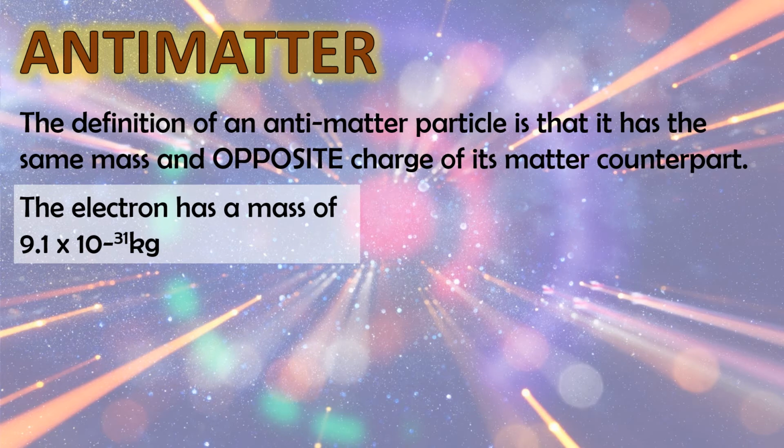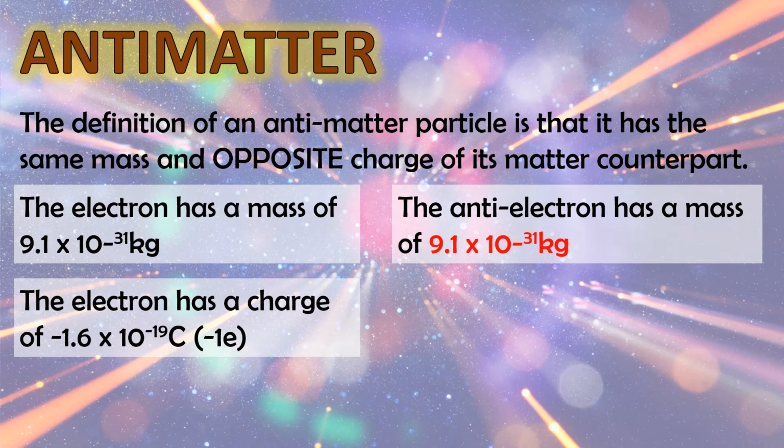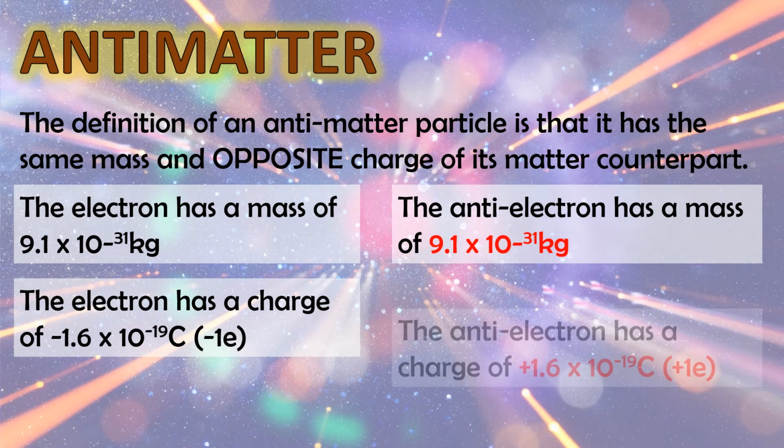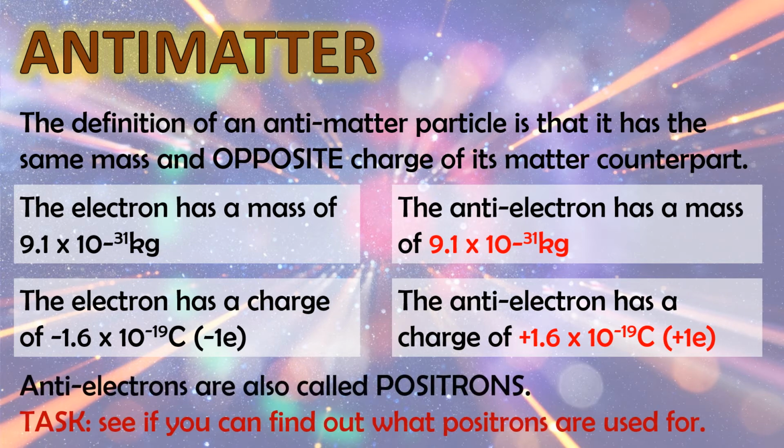For example, the electron has a mass of 9.1 times 10 to the minus 31 kilograms. The anti-electron has exactly the same mass. The electron has a charge of minus 1.6 times 10 to the minus 19 coulombs, or minus 1 times e. The anti-electron has the same charge but positive.